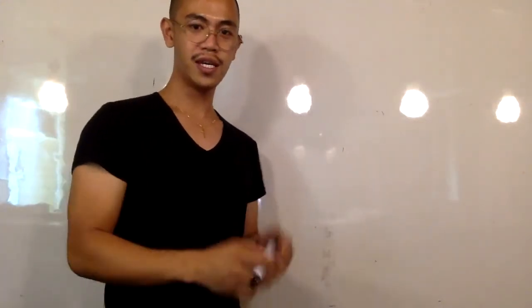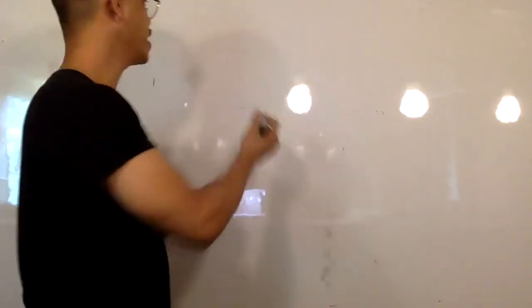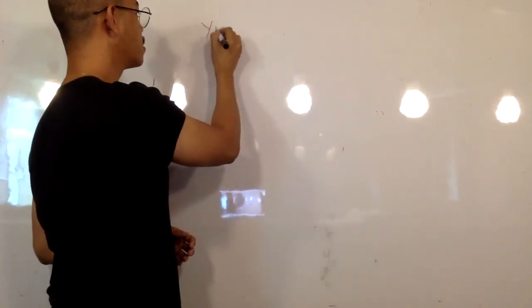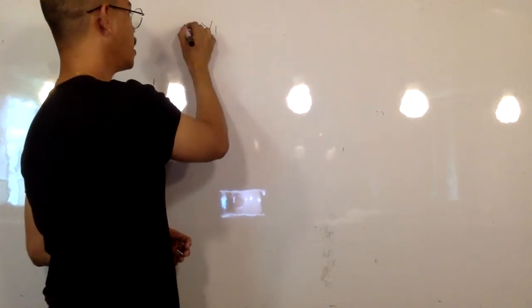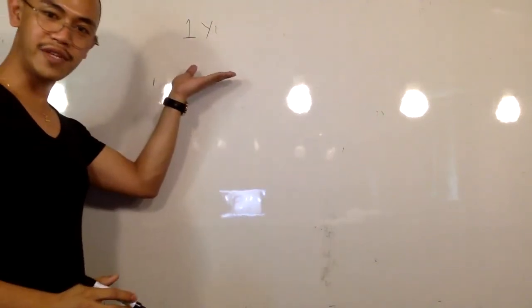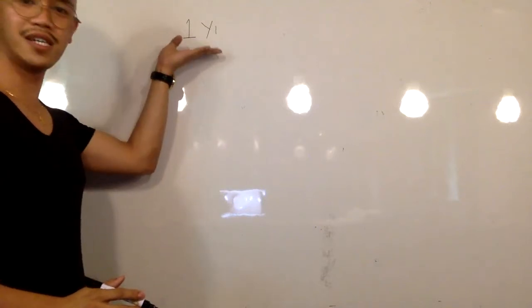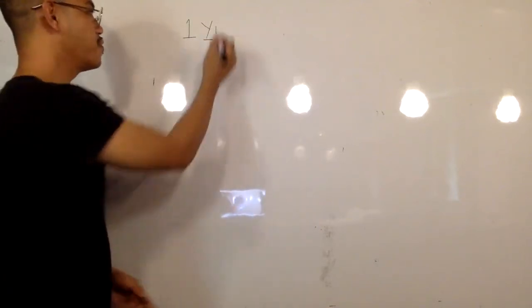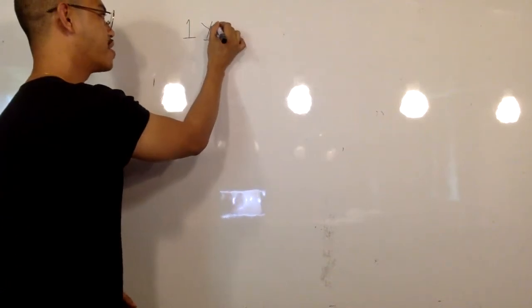Okay, let's begin with counting. Number 1 in Mandarin counting is yi. Note that the Y is silent, so you only read the letter I here.